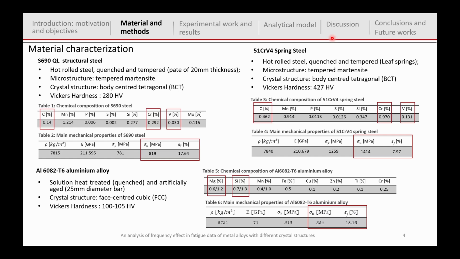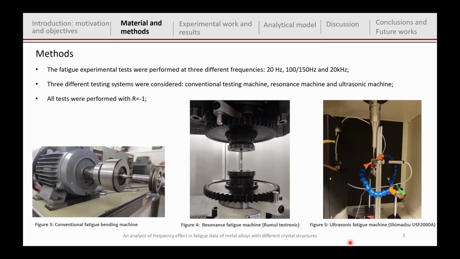On the other hand, the aluminum alloy has a face-centered cubic crystal structure and is more ductile, and it shows a lower ultimate strength.